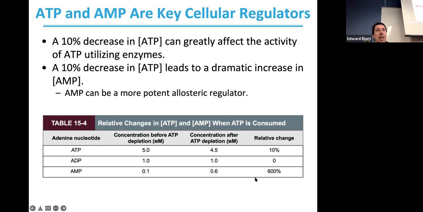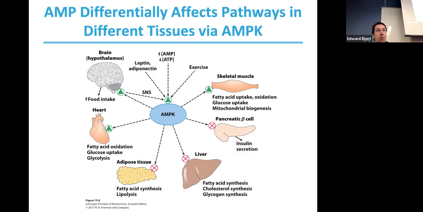So we often see AMP being a more fine-tuned sensor of the energy state of the body. If we suddenly see a big increase in AMP levels, that indicates a low energy state and starts triggering processes to make more ATP. For example, it will tell skeletal muscles and the heart to start bringing in fatty acids for energy because we're low on glucose and can't do glycolysis.